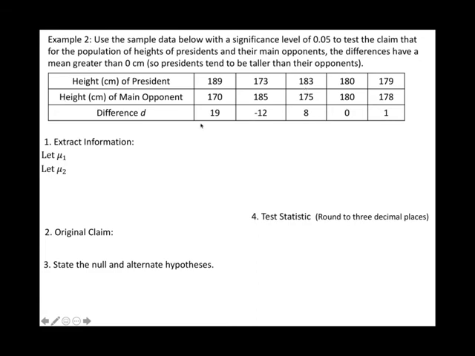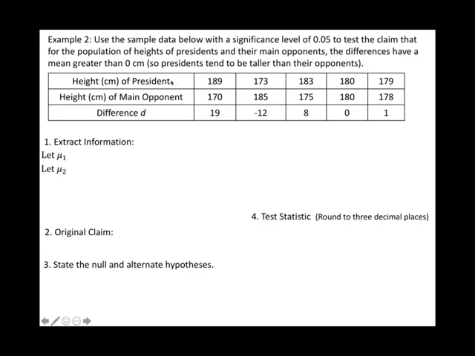Before that, look at the chart. I have the height of the president 189 and their main opponent 170. So you could see the difference. They're going to use 189 minus 170 equal to positive 19.